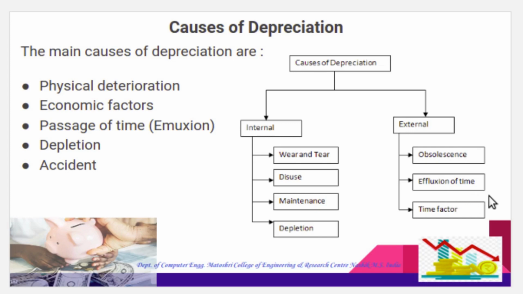When assets are exposed to forces of nature like weather, wind, rain, the value of such assets may decrease even if they are not put into any use. There are certain assets such as lease, patent, license, copyright which lose their value to zero at the end of a fixed period of time.